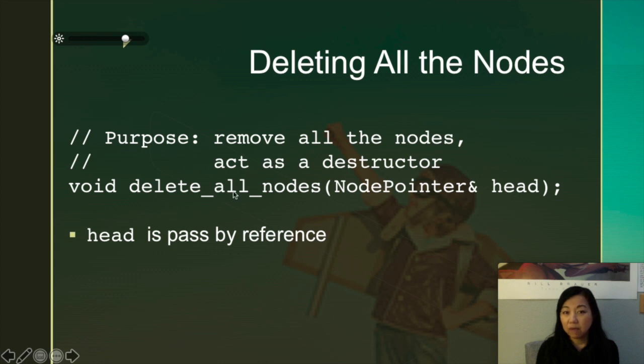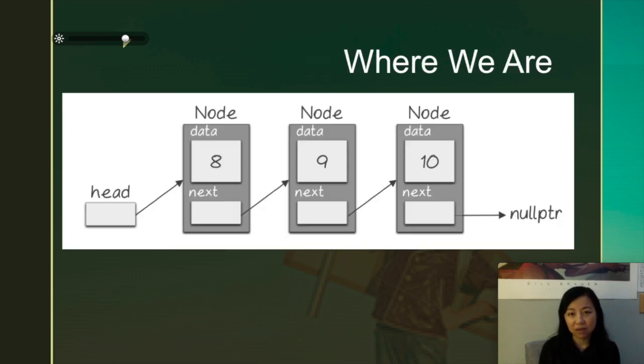So after we delete all nodes, head should be pointing to a null pointer at the end, so that it's not dangling. That's why we want head to be passed by reference, but that's not the only reason. However, if we think about it that way, it's easier to decide.